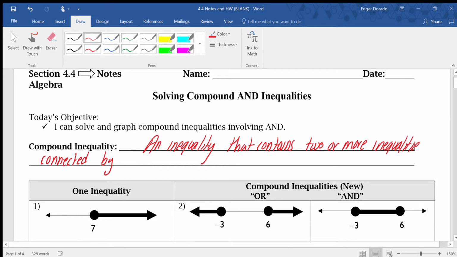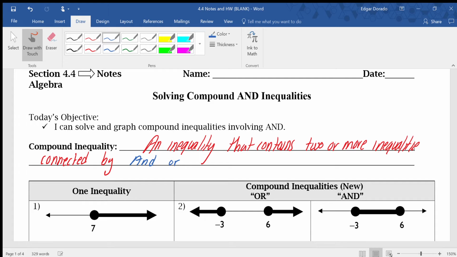Connected by "and" or "or" statements, okay? So they're just connected by the words and, or.